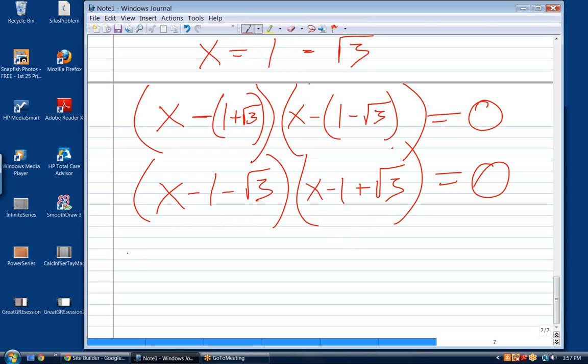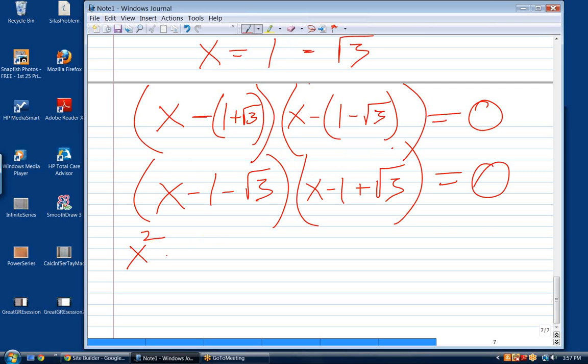What I like to call FOIL is ET, which means every term by every other term. So what's the first term I get? Well, x squared. Do this methodically: that was that term, now multiply by that term, and then by that, and just go down the line, each term doing that.